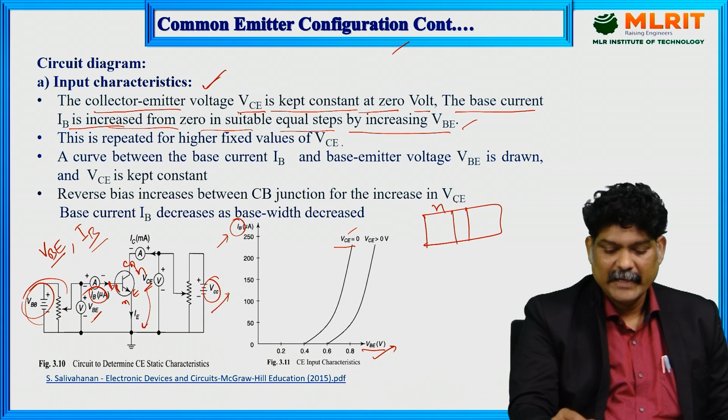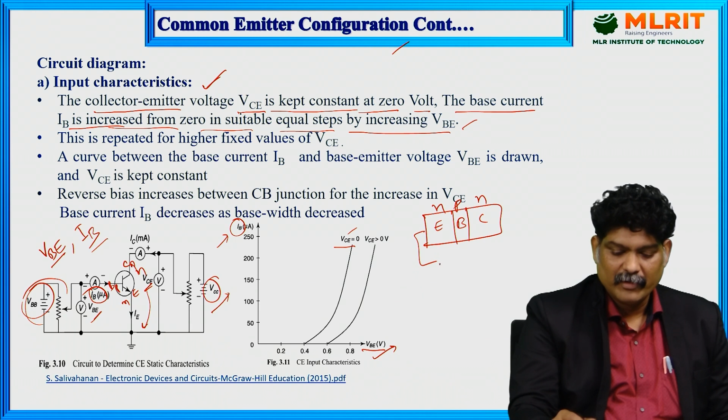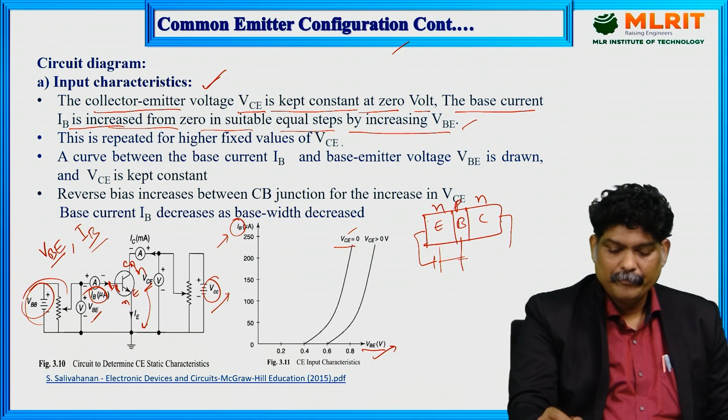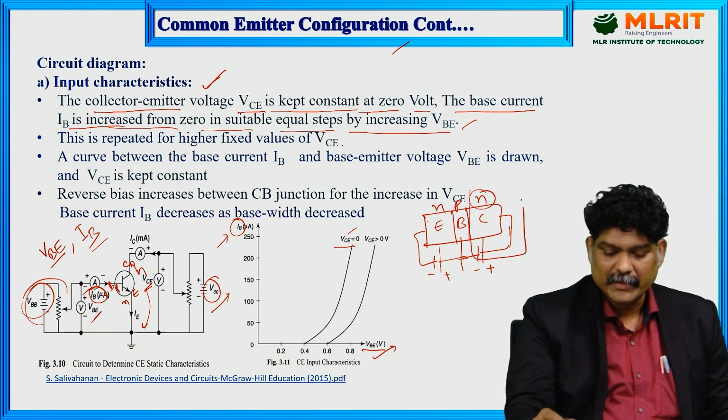So this is an NPN transistor: emitter, base, collector. This section is forward bias. This is N type, so minus here, and this is N, so minus plus, minus plus. So plus is connected to negative in the output section, that is the collector base section.